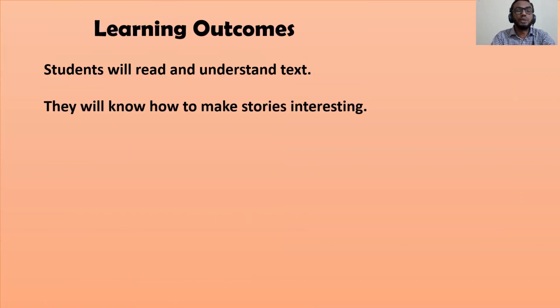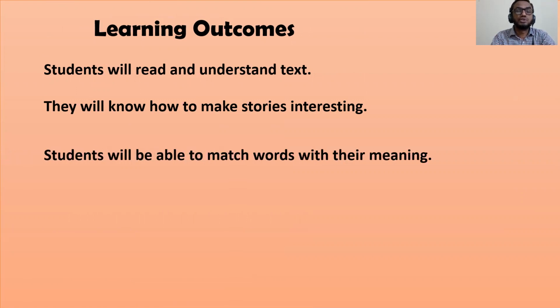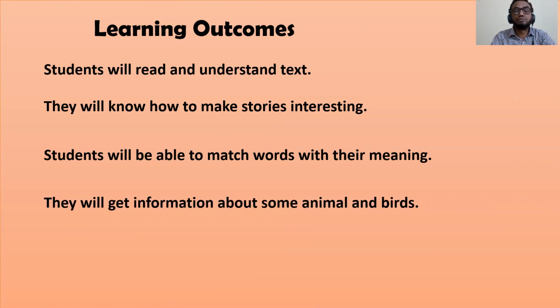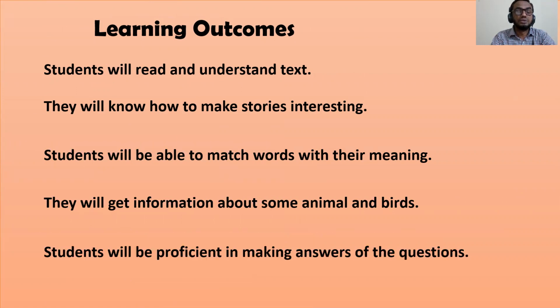Then you will know how to make stories interesting. Then students will be able to match words with their meanings. Then you will get information about some animals and birds. And students will be proficient in making answers to the questions. Okay? Those are the learning outcomes of today's topic.